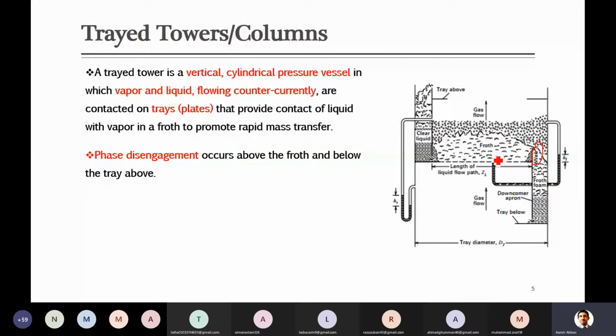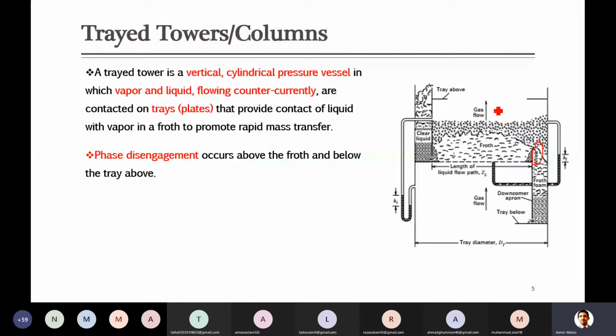Disengagement of what? When liquid and vapor come in contact, some of the liquid droplets will be carried away with the vapors towards the top.